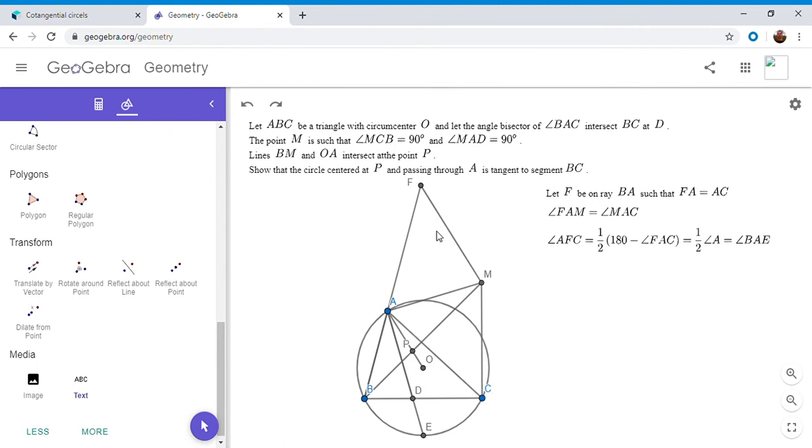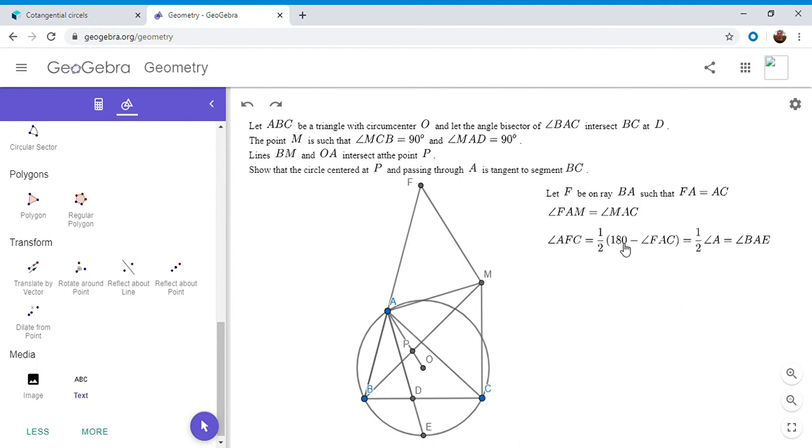And that's not hard to see because FC has to be perpendicular to AM by symmetry, because AM is an angle bisector and AC is equal to AF. So since FC is perpendicular to AM, FC has to be parallel to AE, because AE is perpendicular to AM.